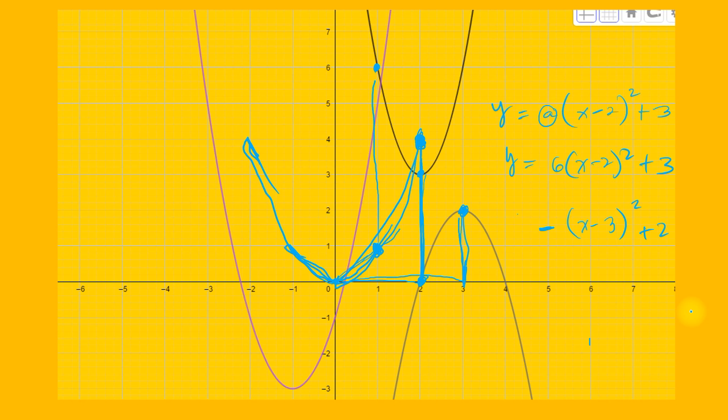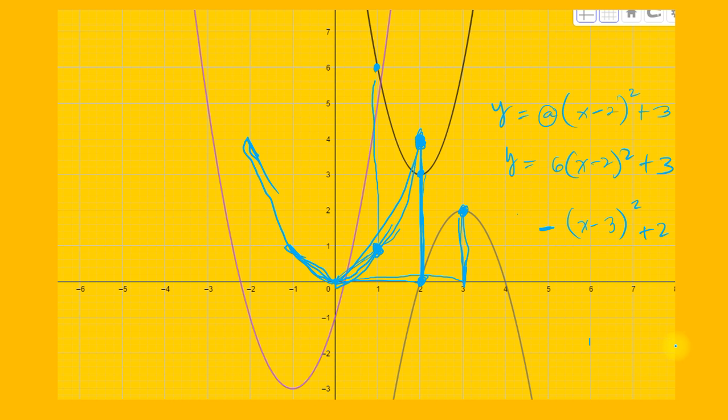So what happened there? 1 becomes negative 3. So this is negative 3. And yeah, that's it.